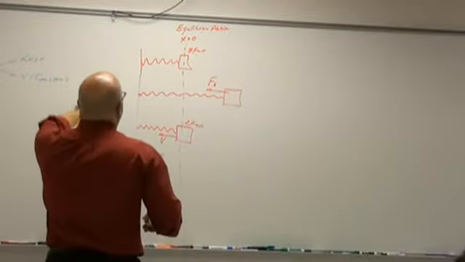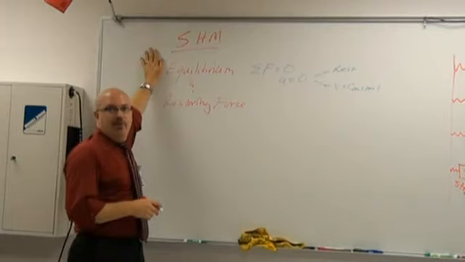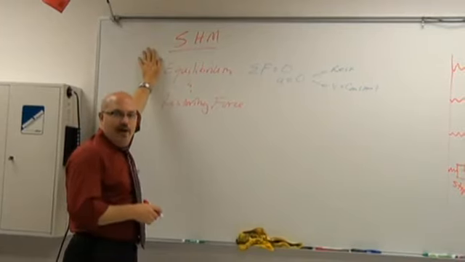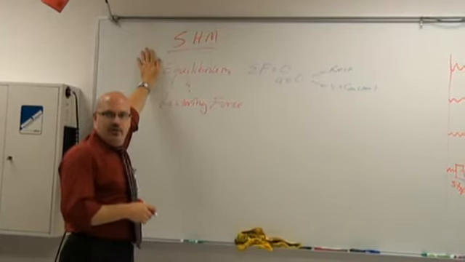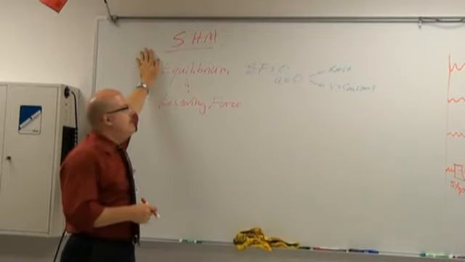Okay? So, all types of repeated motion can be modeled with simple harmonic motion through a mathematical technique called Fourier transforms. Now, you won't study Fourier transforms in high school, and you may or may not study them in college, depending on what you study.